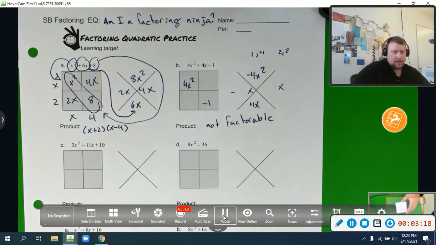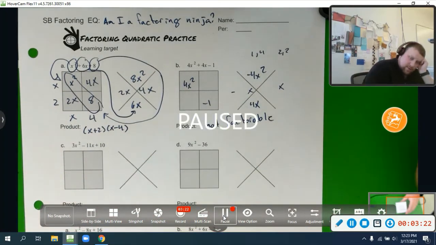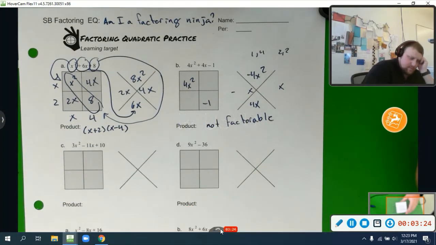I would like to go ahead and have you guys work out this one. Ready, set, go. Don't let it freak you out. Don't let odd-looking numbers hurt you. Do them anyway.